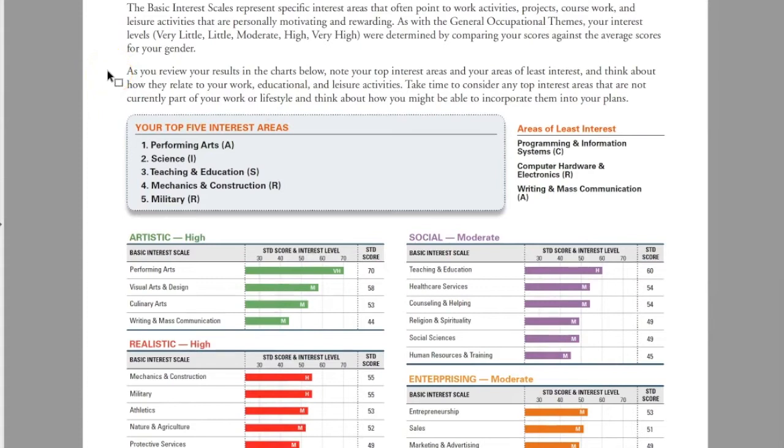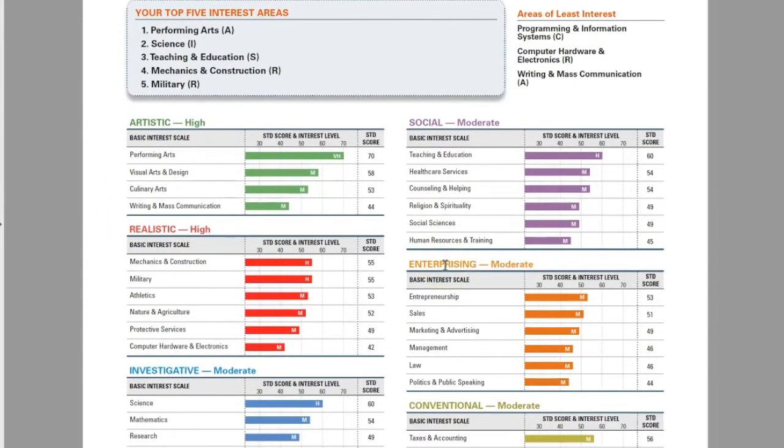Page 4 is the basic interest scales that represent interest areas that are more specific work activities, projects, coursework, and even leisure activities that you are likely to find personally motivating and rewarding. You'll see down here, if I scroll down, that each of the 6 general themes are included, but that more specific categories within each are introduced.